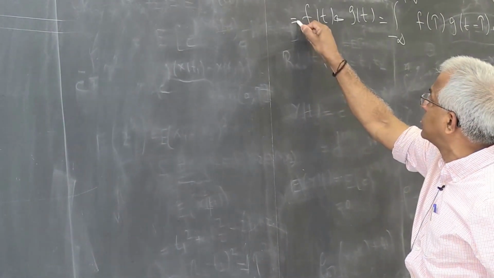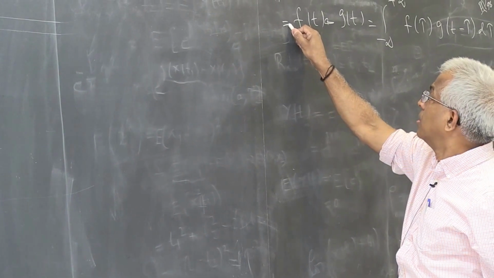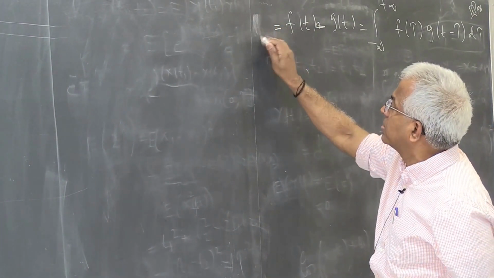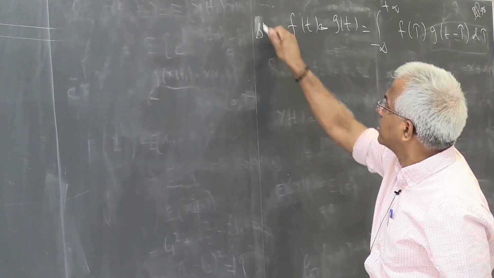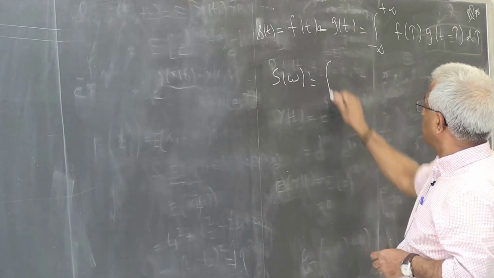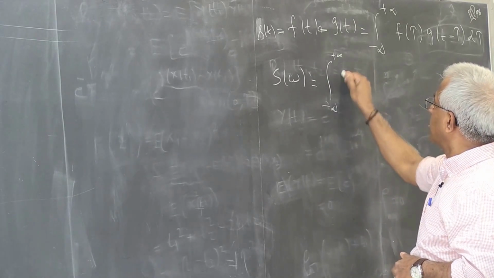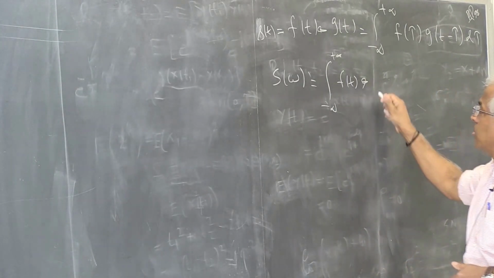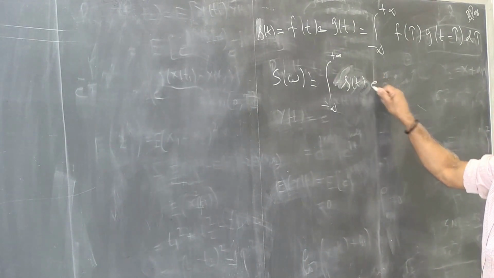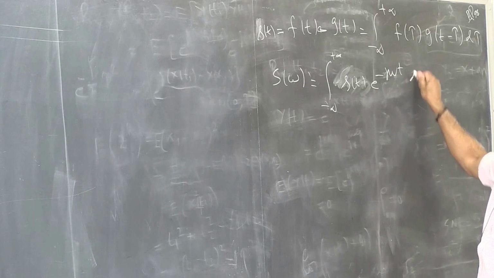So let me call this to be r of t, or s of t. So S of omega is, I should do the Fourier transform, right? Of s(t) e raised to minus j omega t dt.